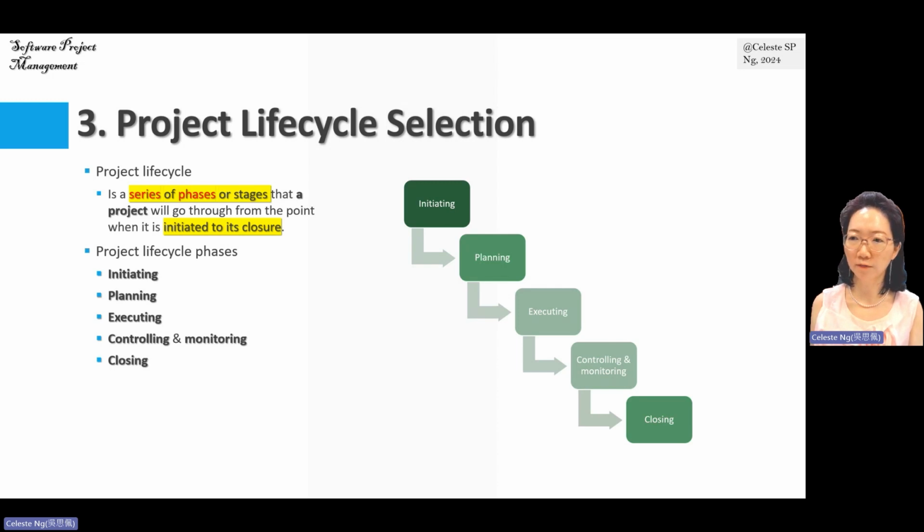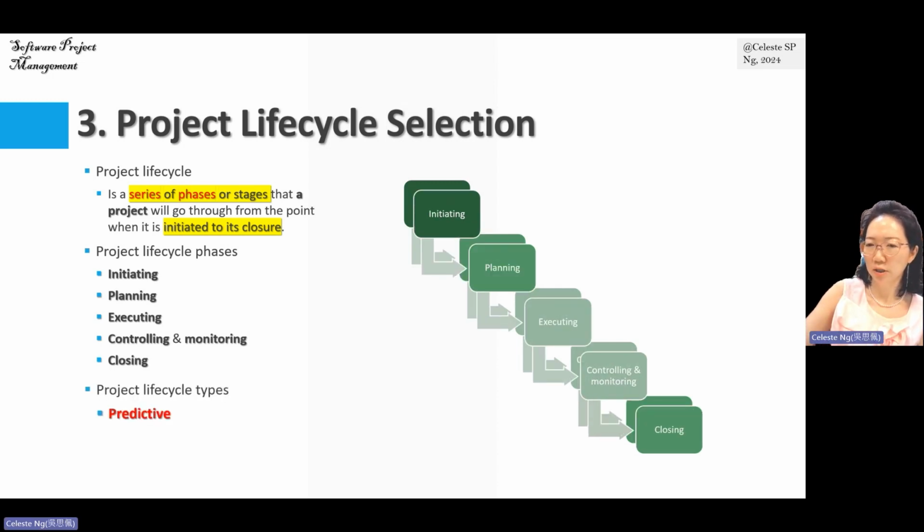During the closing phase, the project manager and the project team members make a presentation and ensure that the output from this project is accepted by the customer or the project sponsor. So all of these phases in our project lifecycle have their respective work and activities to be carried out.